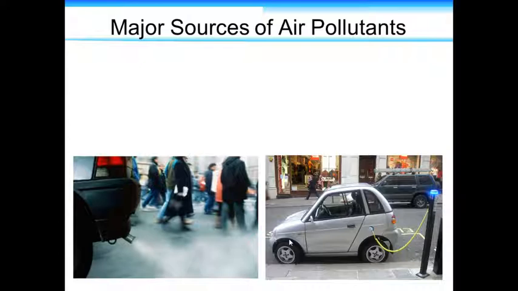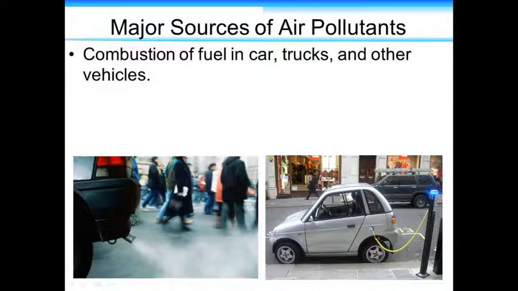The other major source of air pollution is combustion vehicles. The picture on the left here, of course, is exhaust coming out of a car. On the right, we have an electric vehicle, which doesn't emit exhaust, but you have to think, where's that electricity coming from? If that electricity is coming from a coal-fired plant, it's not that much better than a combustion car.